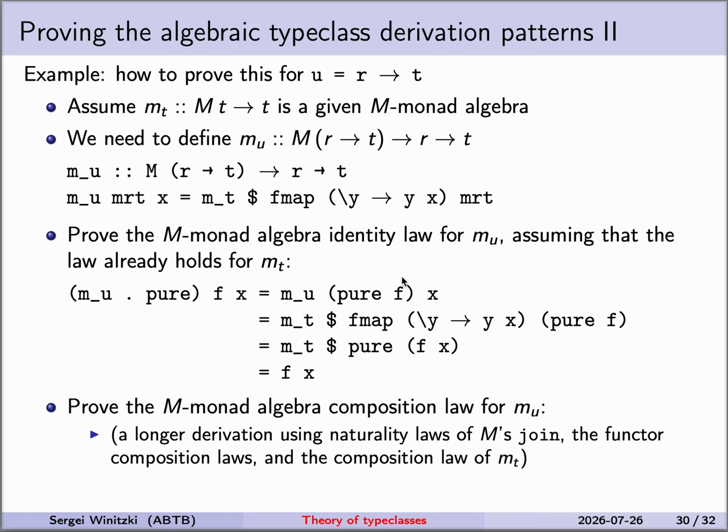So for example, the identity law says that the composition of this mu with pure is an identity function. So if we apply this to some f of this type, we get, again, the same function of this type. So we apply that to some x of type R, and we should get f x as a result. So how do we derive that?